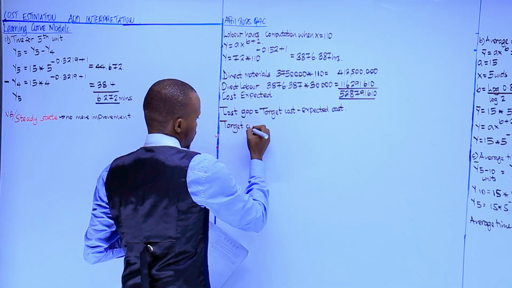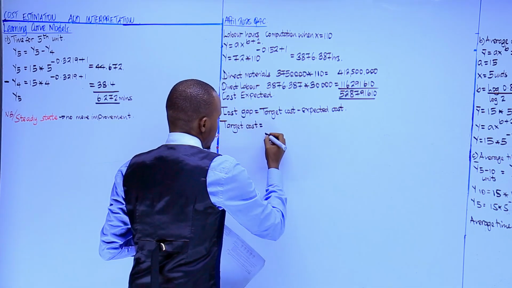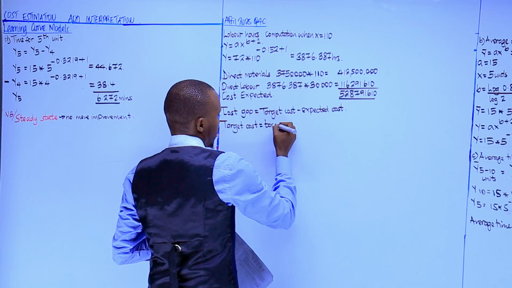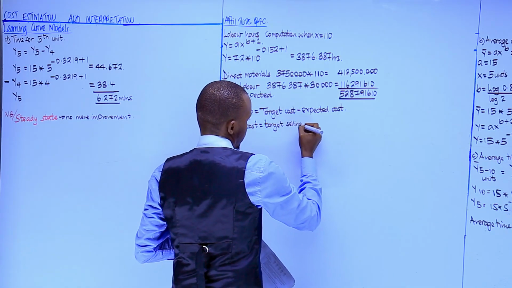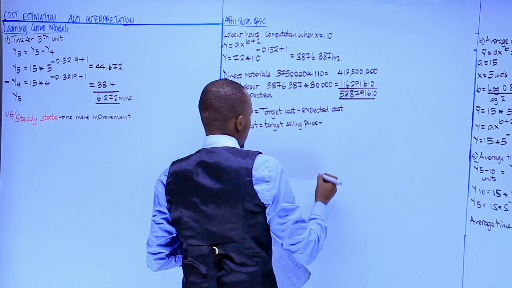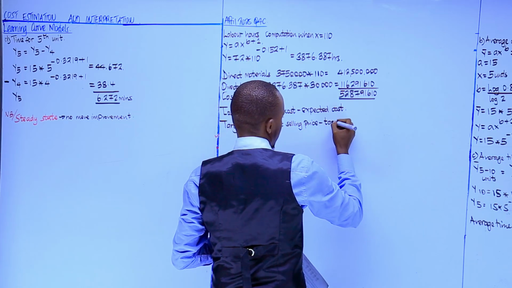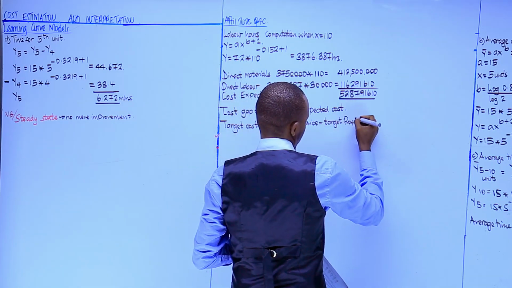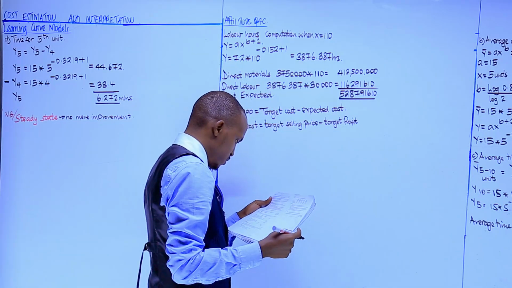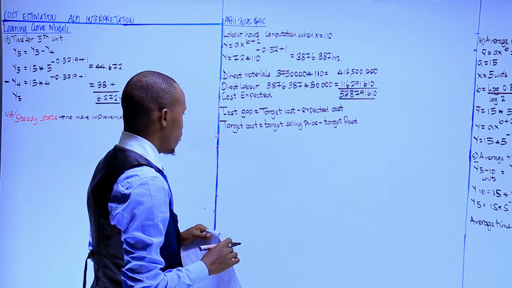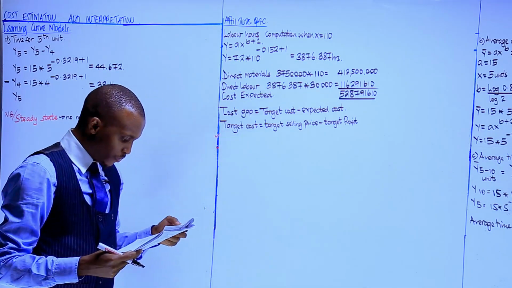Our target cost is given by your target selling price, you subtract your target profit.